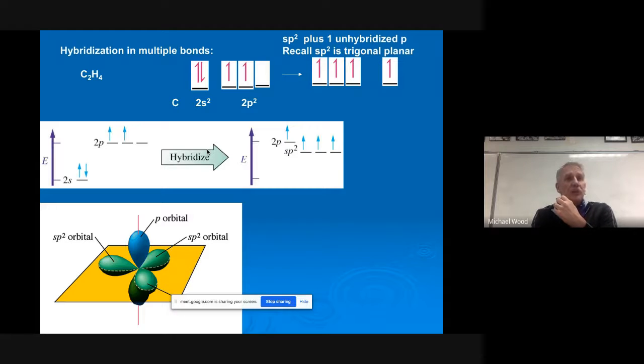When I do C2H4, around the carbons there's going to be 3 electron domains, which means there's going to be sp2 hybridization. But the extra bond, the double bond, will be what's called an unhybridized P. It's a P that did not hybridize. And that's what I will explain again in the video I'll post on Monday.